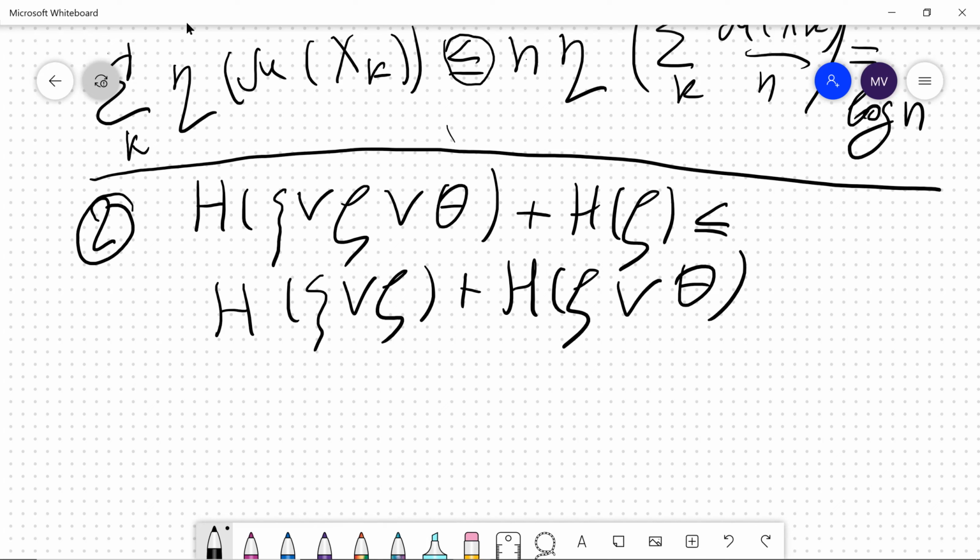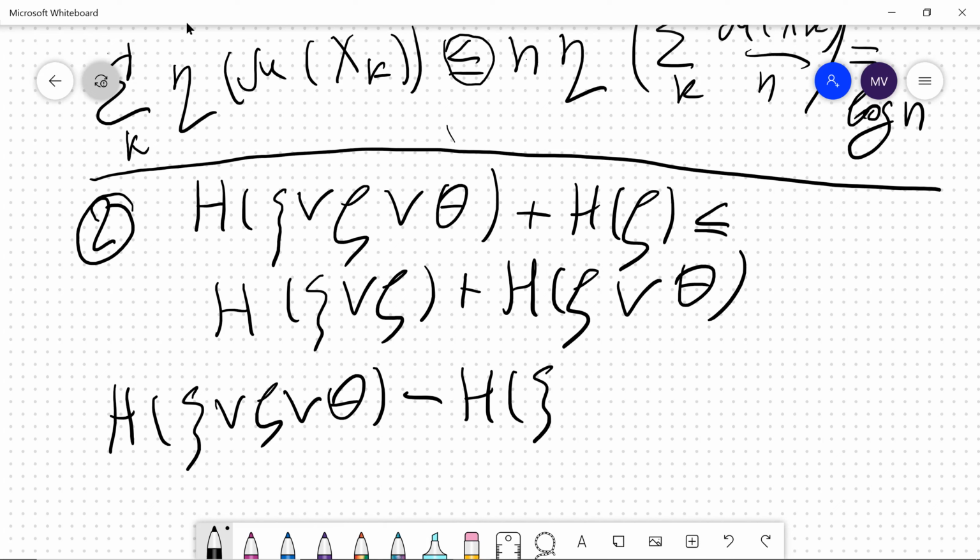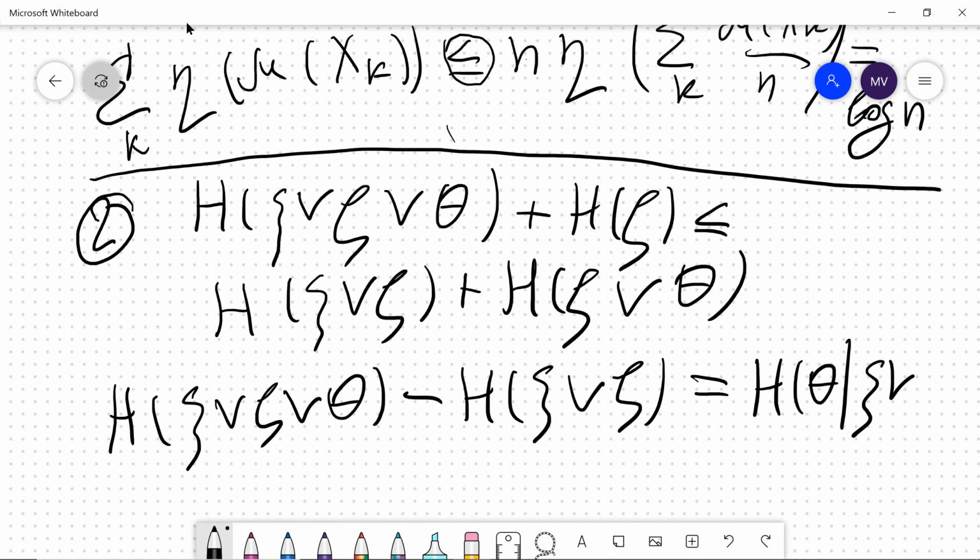I think that we are using here the property of conditional expectations, and we achieve the following result. We achieve that h of xi, zeta, and theta minus h of xi and zeta is equal to h of theta with respect to xi and zeta.